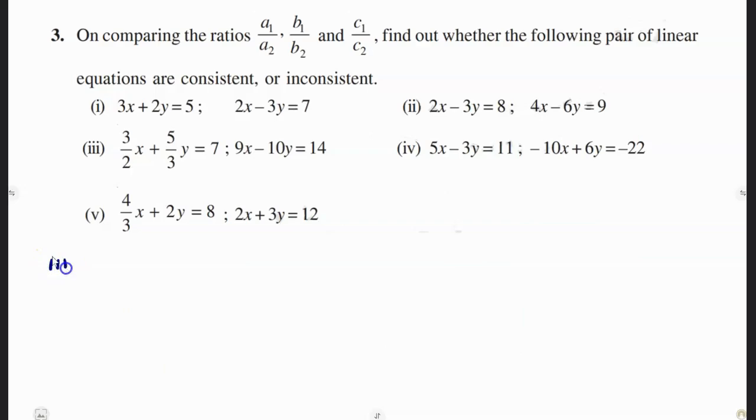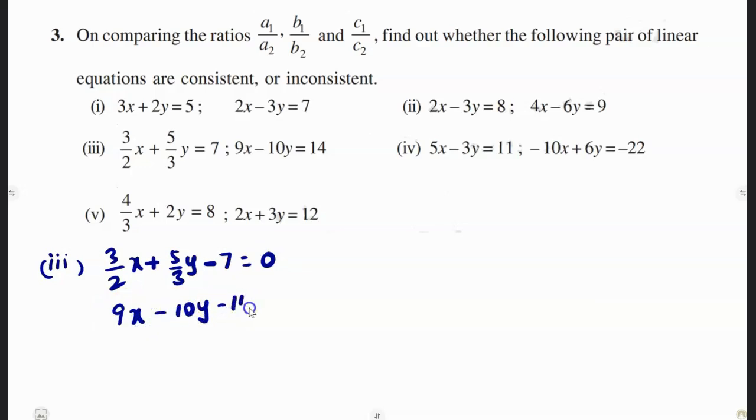Now let us write question number 3 also: 3 by 2x plus 5 by 3y minus 7 is equal to 0, and the other equation 9x minus 10y minus 14 equal to 0. Now here also let us find a1 by a2 first. a1 by a2 is equal to, a1 is the fraction form 3 by 2, the coefficient of x, and a2 is 9.